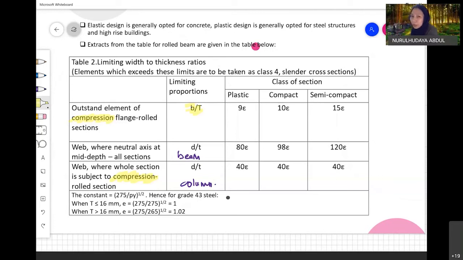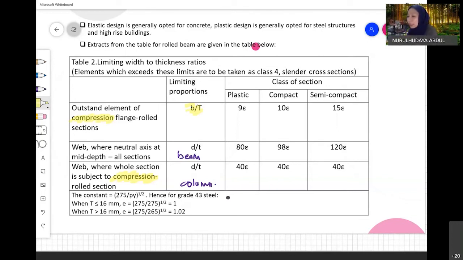But when we compare dengan our B over T for 9 constant, obviously our B over T is only 4.17, which is less daripada 9 point something kan. And D over T pun obviously is only 10.4, which is less than 40 point something lah. Doesn't matter as long as dia plastic compact ataupun semi compact, it is okay for column.